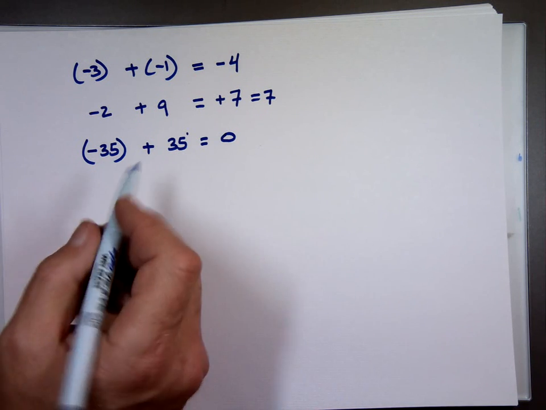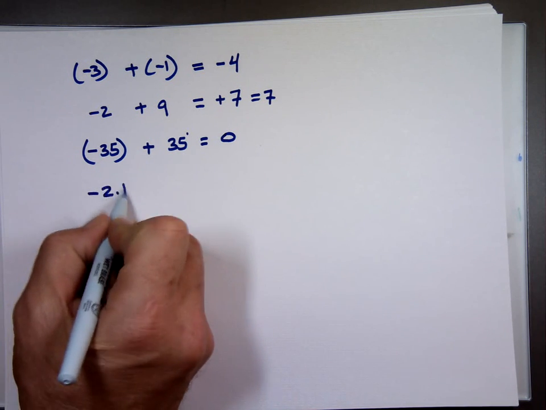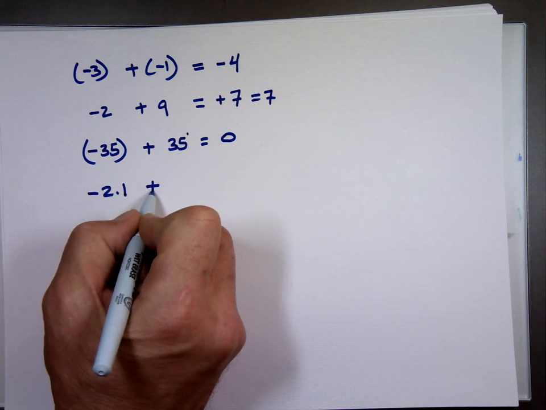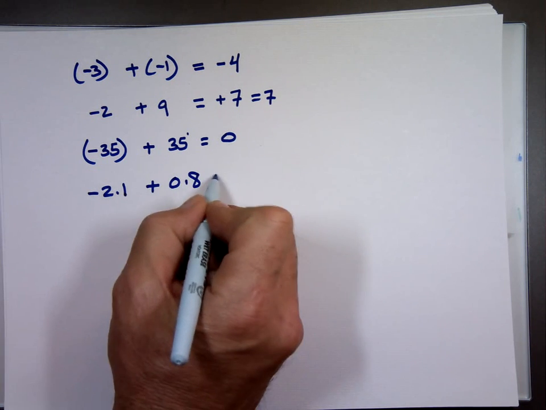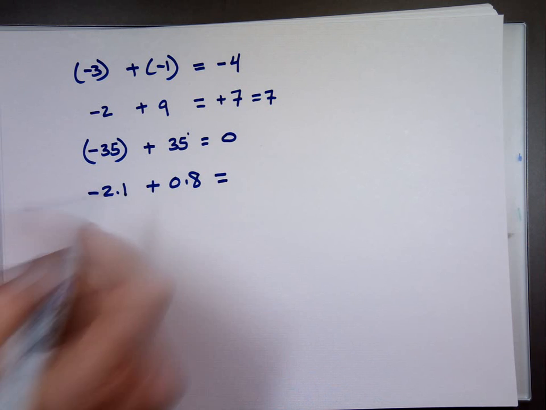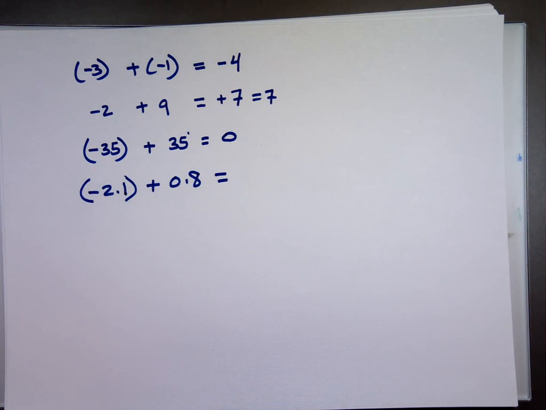You try it. Negative 2.1 plus 0.8. Same sign or different signs? Go ahead, see if you can figure out the rule.